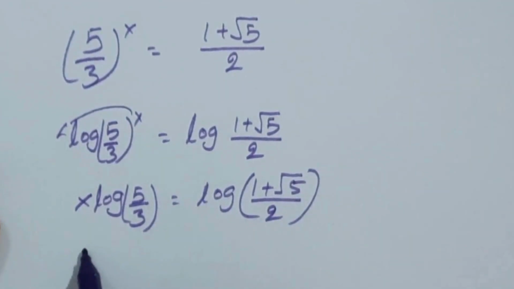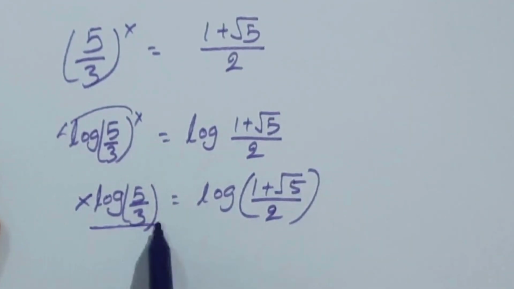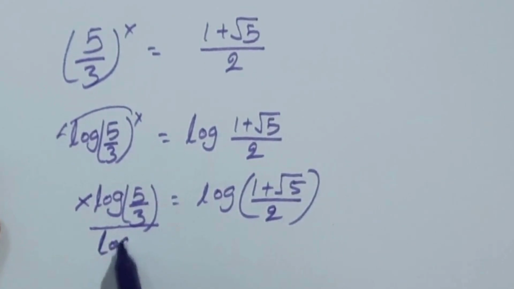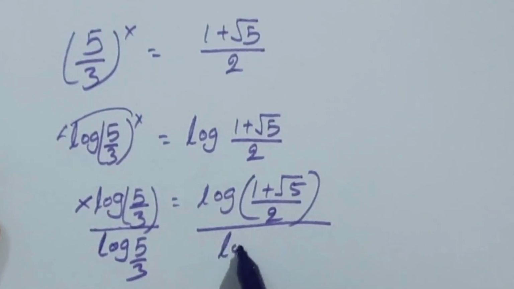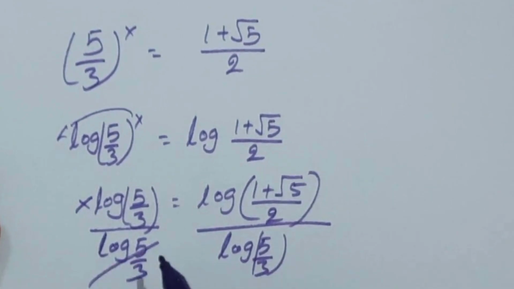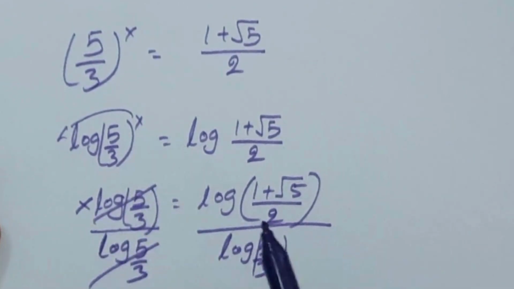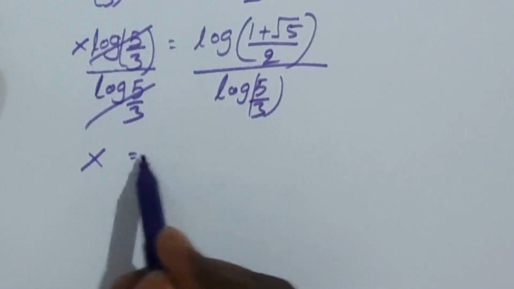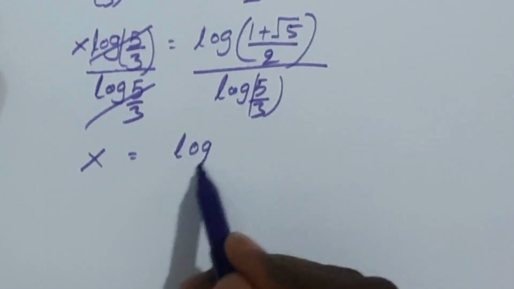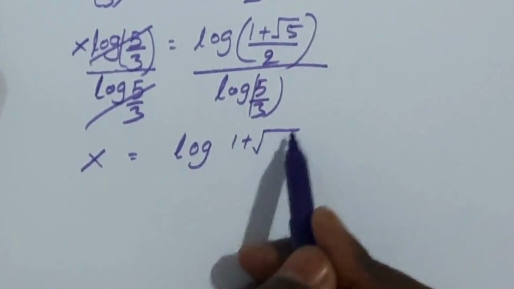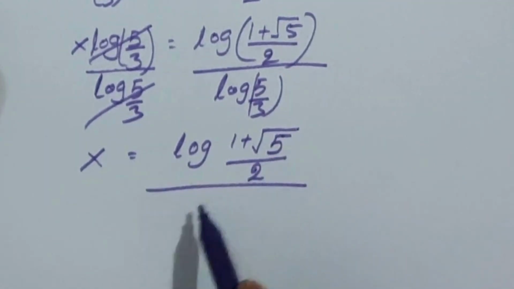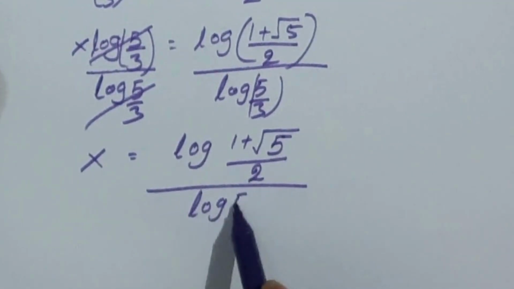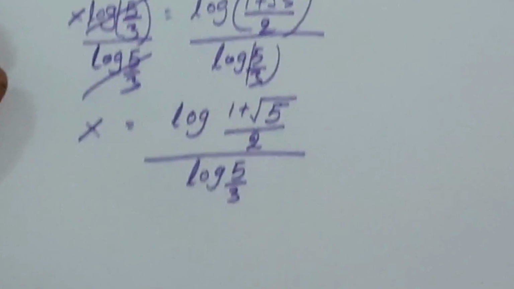Now divide on both sides by log (5/3). This log (5/3) cancels this log (5/3). So we have x equal to log of (1 plus square root of 5) by 2, divided by log (5/3).